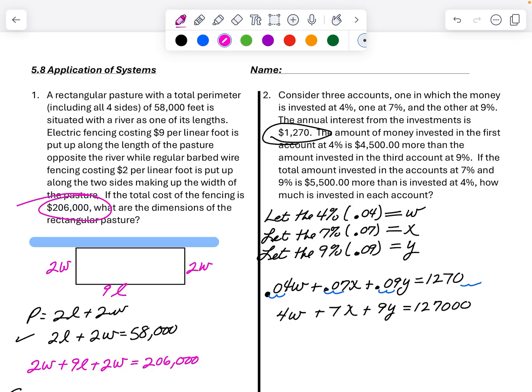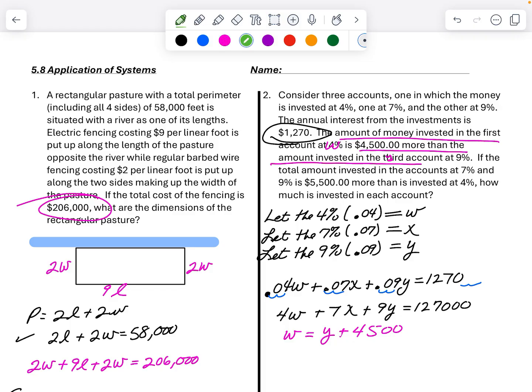Okay, this says that the amount of money invested in W is 4,500 more than is invested in Y. So W is going to equal Y plus $4,500.